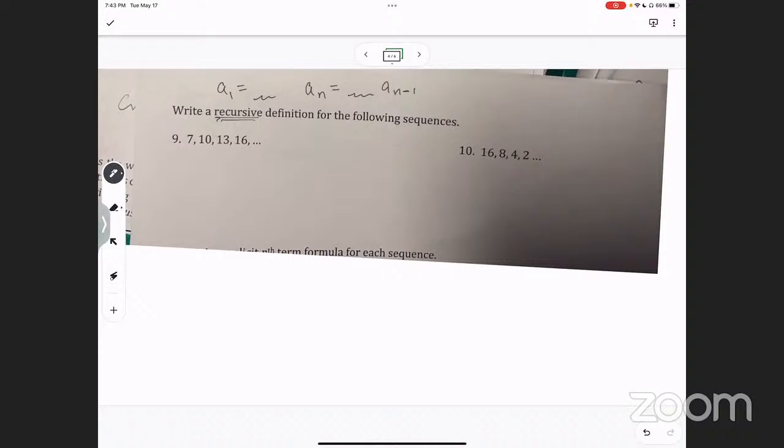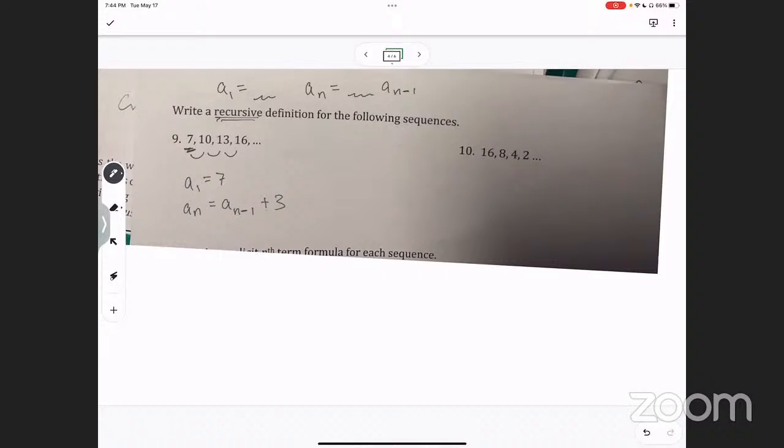So what's the relationship between every term and the next one? You're adding 3. So let's start with the first term, and every other term is basically the previous term plus 3. Got it?